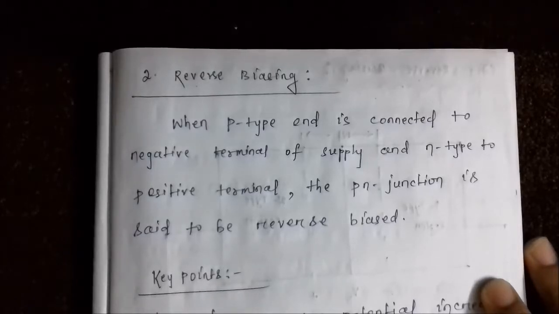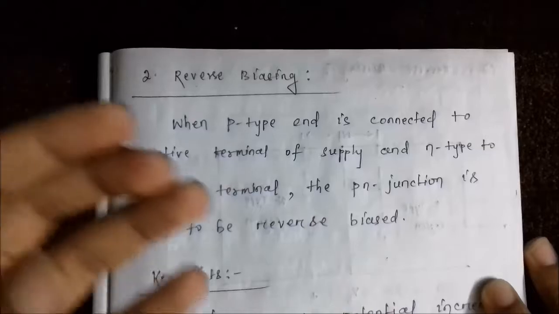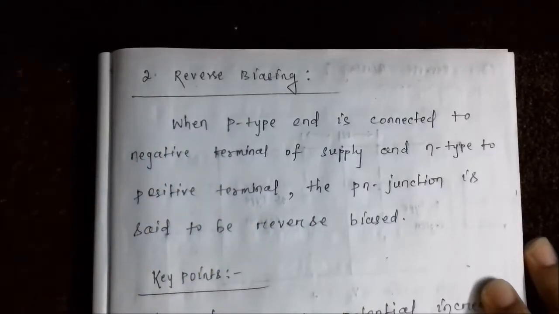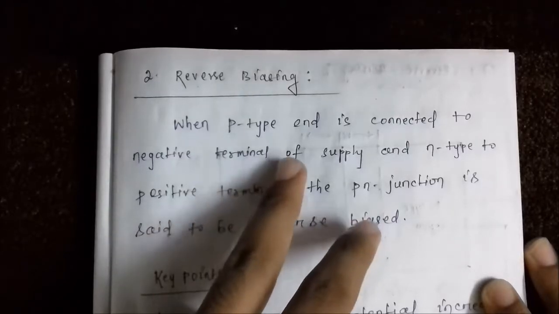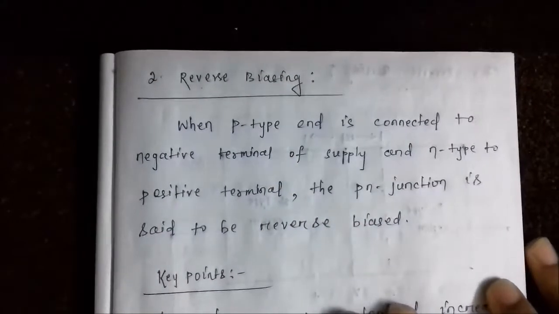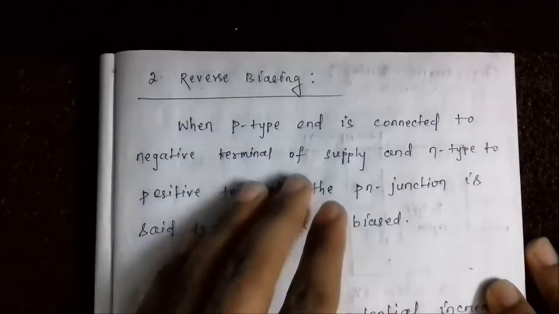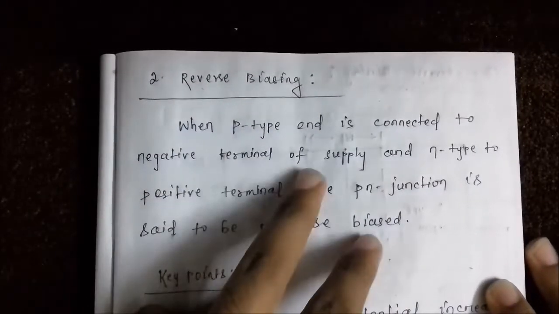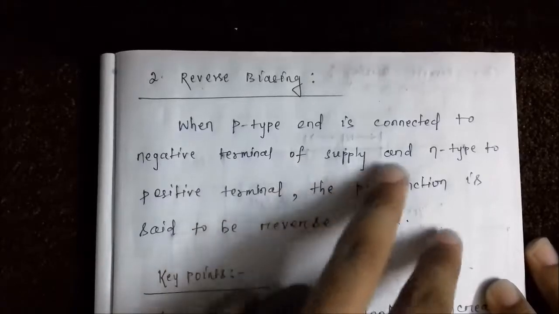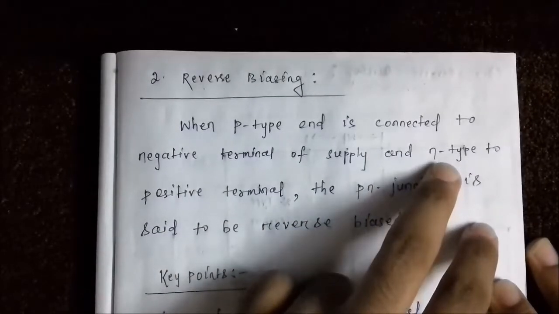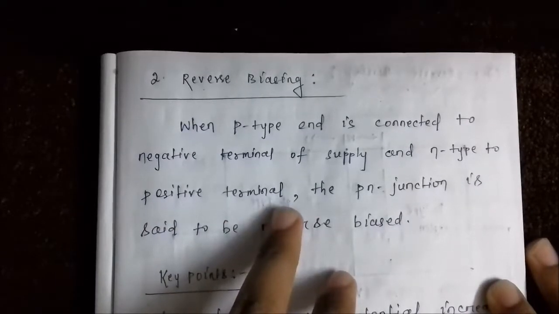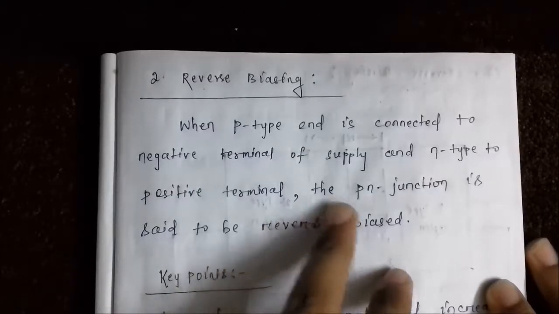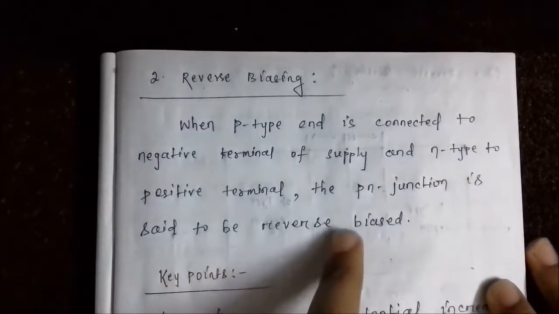The potential barrier is increased when the p-type end is connected to the negative terminal of the supply, while the n-type end is connected to the positive terminal, completely opposite to that of forward biasing. In that condition, the PN junction is said to be reverse biased.